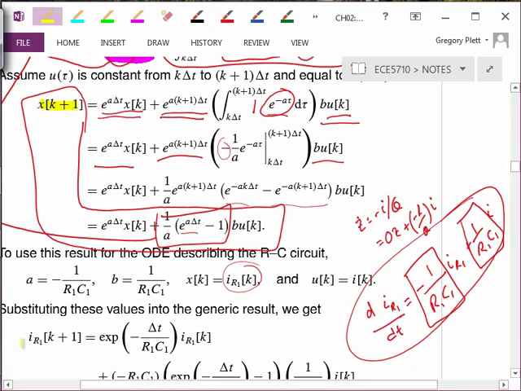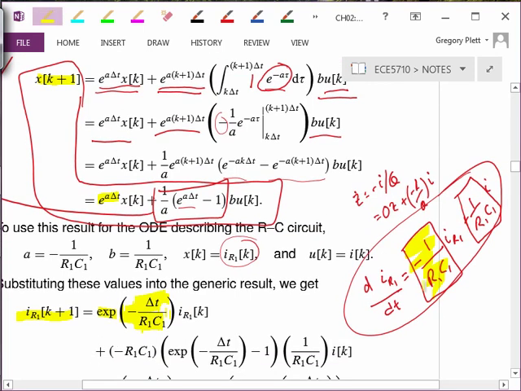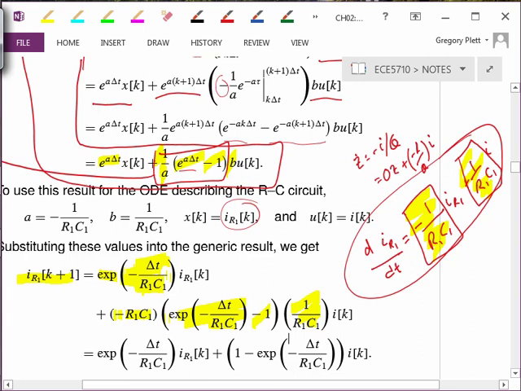So x of k plus 1 becomes resistor 1 current at k plus 1 equals e to the a delta t, which is e to the minus delta t over R1C1, times I R1, plus 1 over a, which would be negative R1C1, times e to the a delta t minus 1, and then the b is 1 over R1C1, and all of those get plugged in right there.